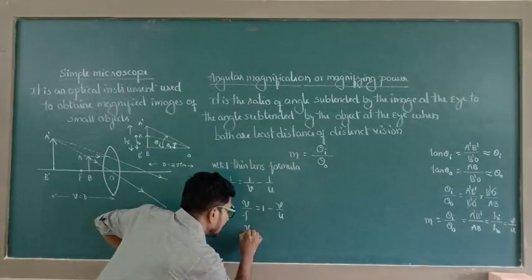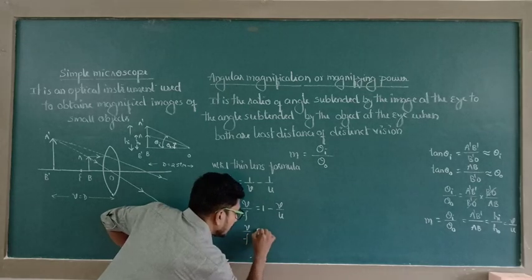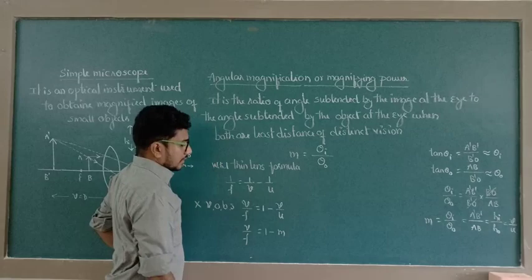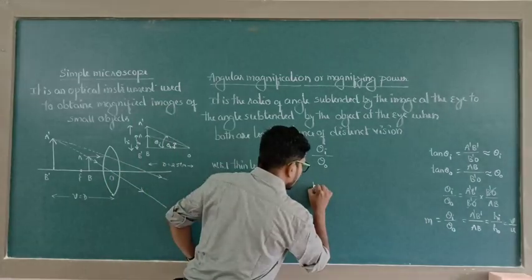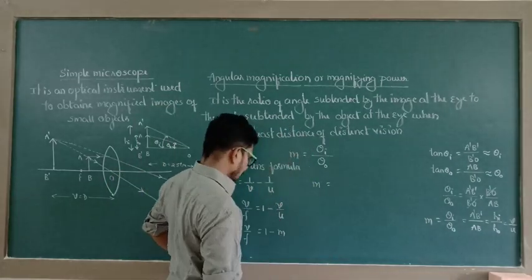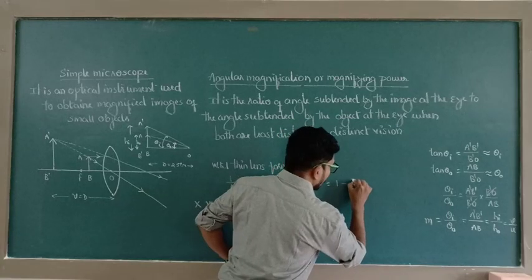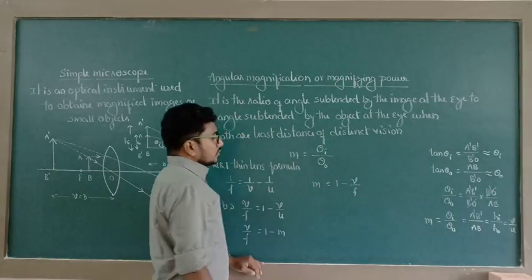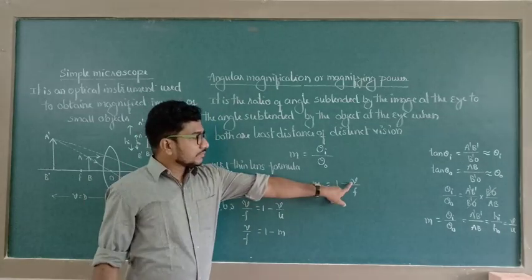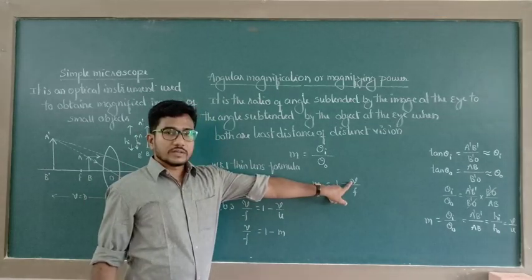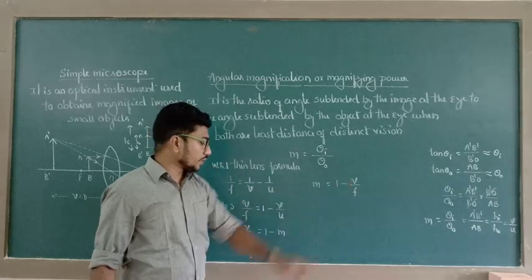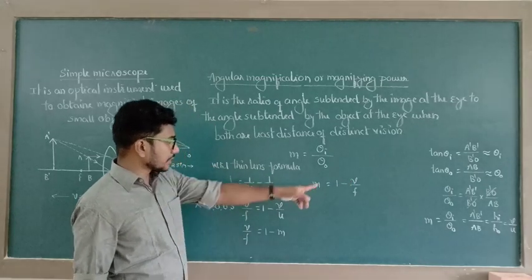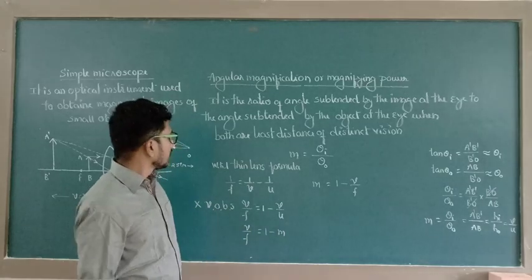So V by F is equal to 1 minus magnification. Then magnification M is equal to 1 minus V by F. Here V is nothing but the image distance and F is the focal length.